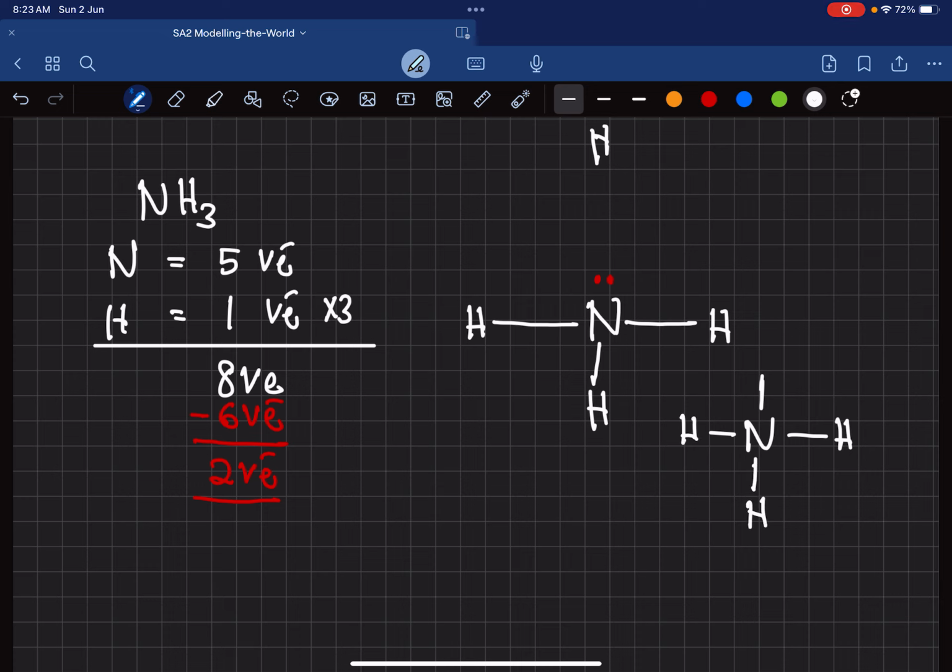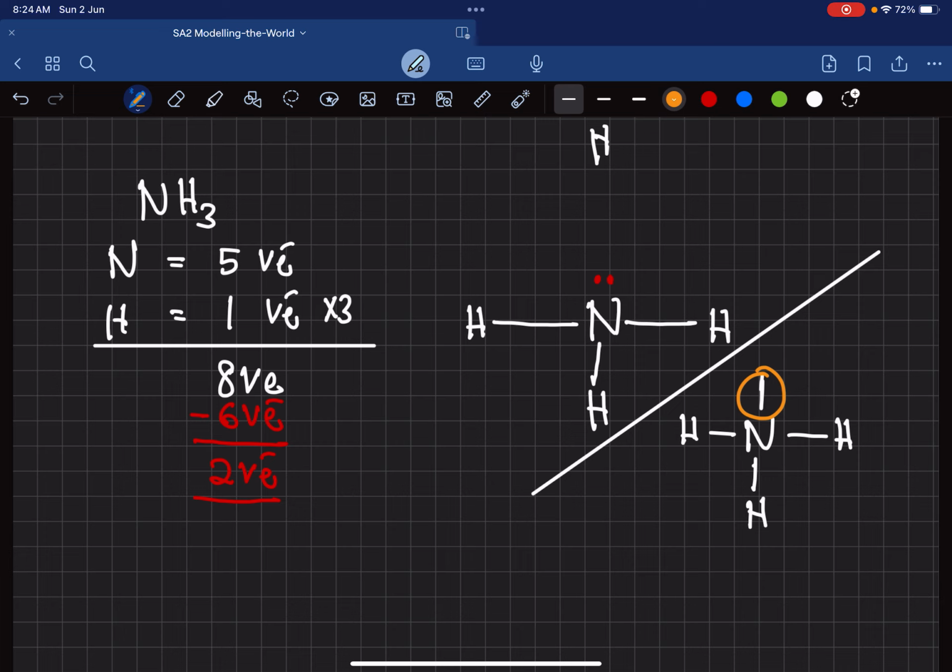It's up to you. What do you prefer? Personally, I prefer a line because it's neater. Otherwise, you end up with too many dots. Later on, when we do other examples, you'll understand this. So you can leave it as just a line, or you can leave it as dots.